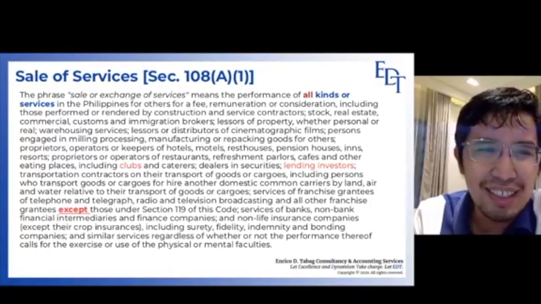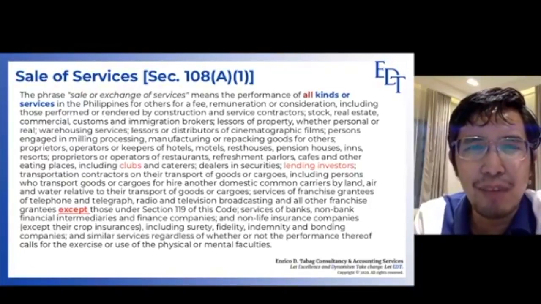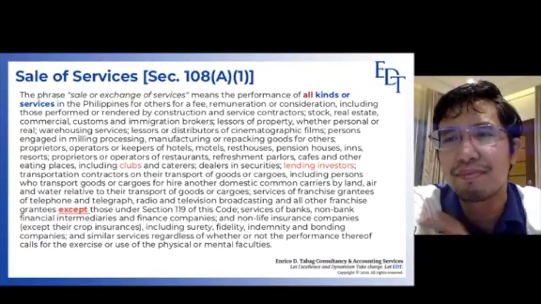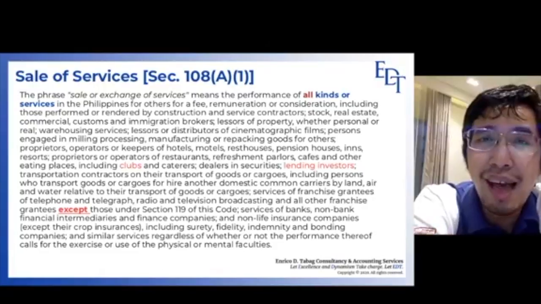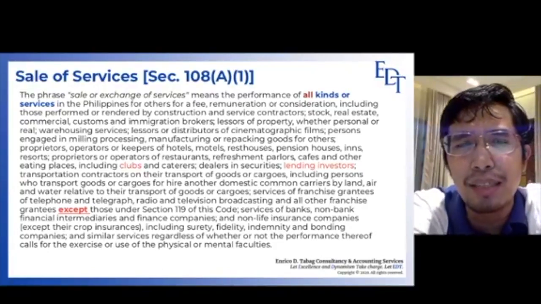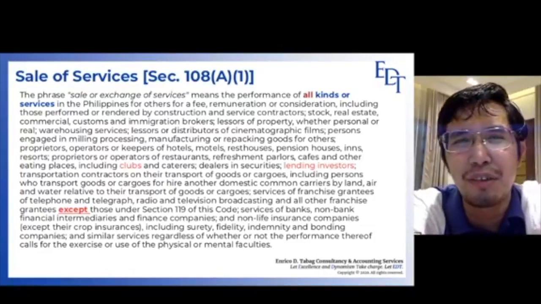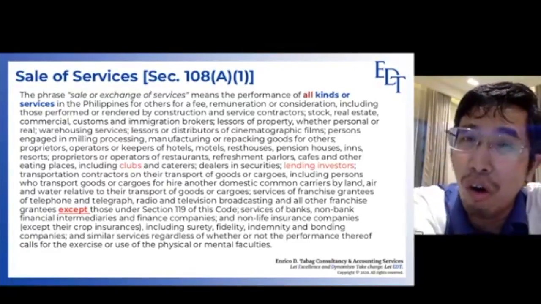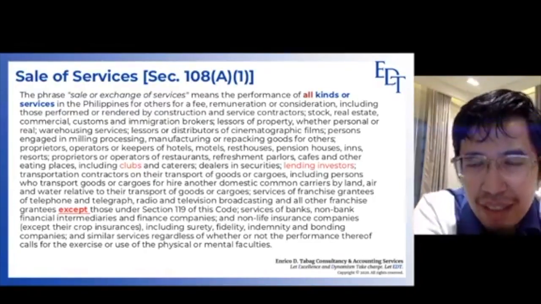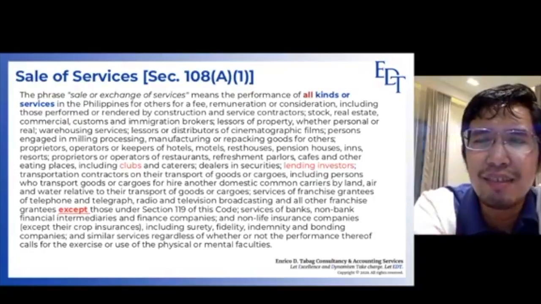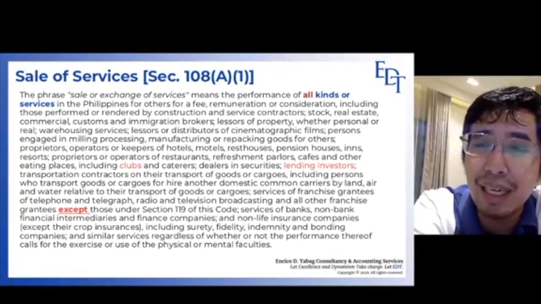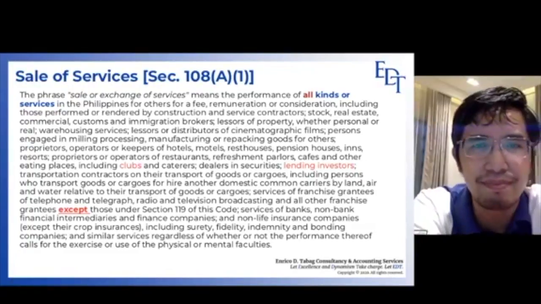The sale or exchange of services means the performance of all kinds of services in the Philippines. So lahat daw ng klase ng services rendered in the Philippines in the ordinary course of trade or business natural. So all kinds. So yung mga i-enumerate ng paragraph na to o ng section na to ng tax code lumalabas parang mga examples lang.